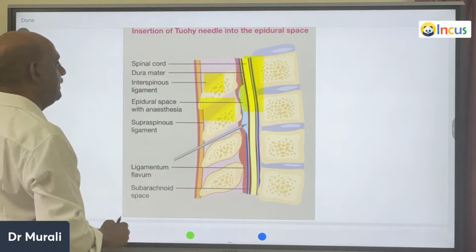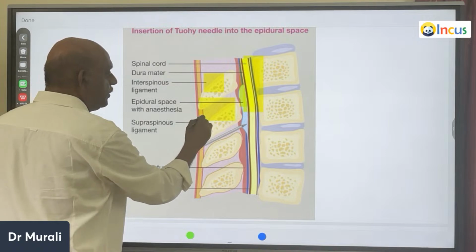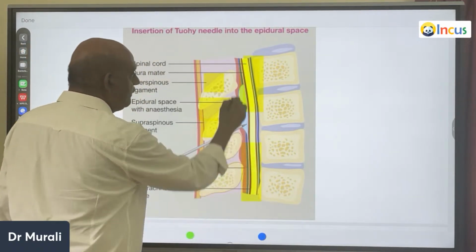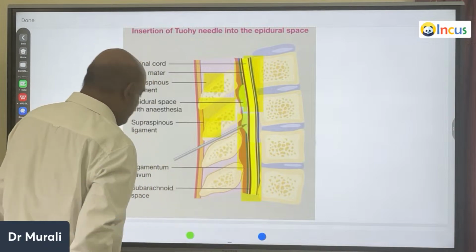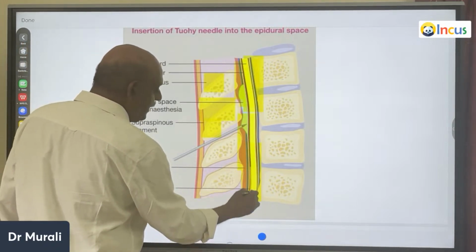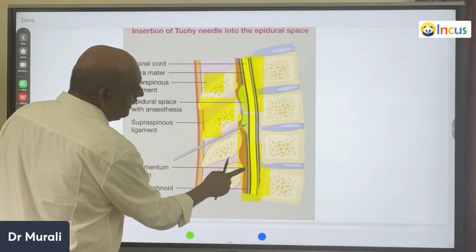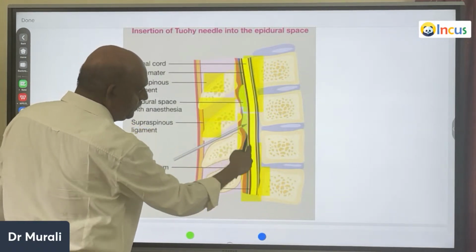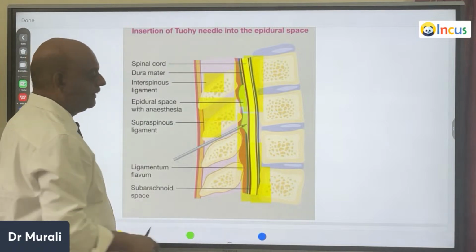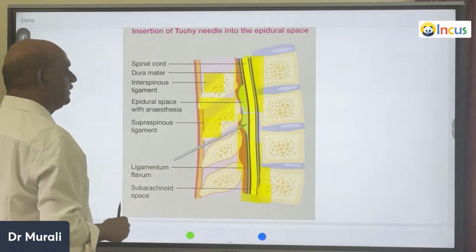All right. Then you have a supraspinous ligament. There is a ligamentum flavum. Ligamentum flavum is what you can see. And there is a subarachnoid space, the black line which is immediately abutting the spinal cord is the subarachnoid space.